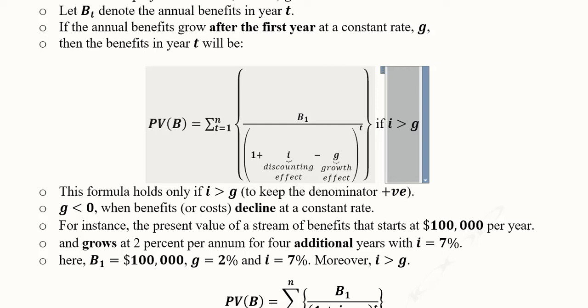Otherwise, the discounting effect will be reversed, which is against the intuition. That is, the time preference basically eats away the value of the resources over time, in our opinion. If g is less than 0, in that case definitely there will not be an increase, rather there will be a decline, and that also is at a constant rate.